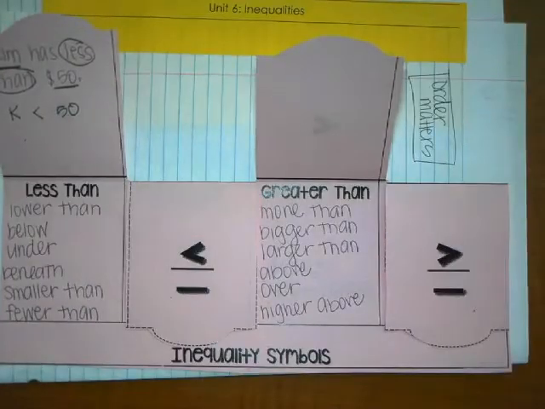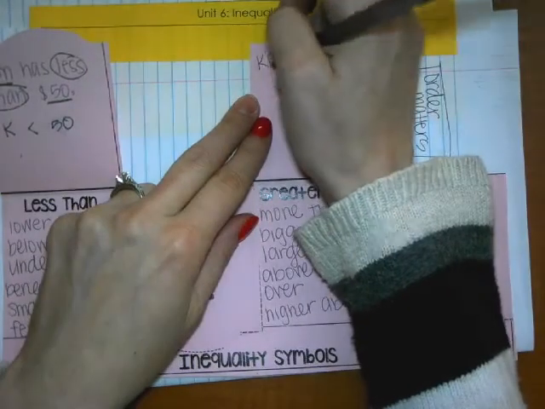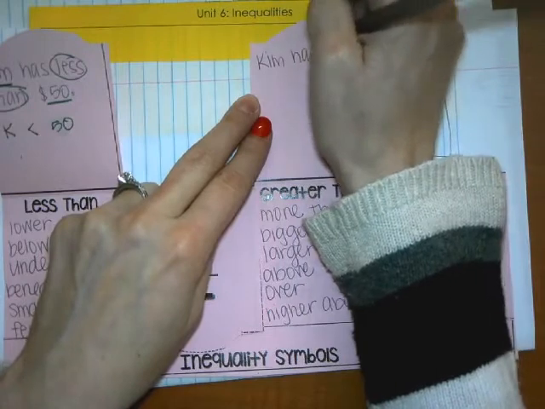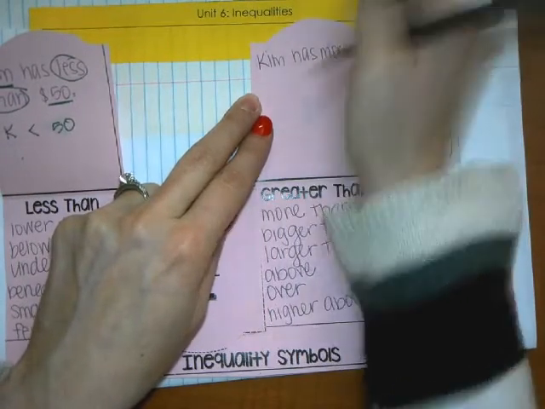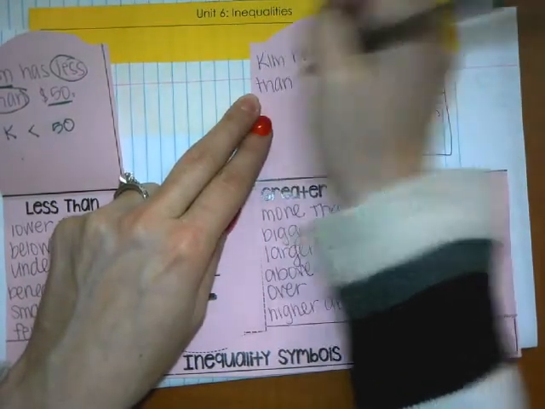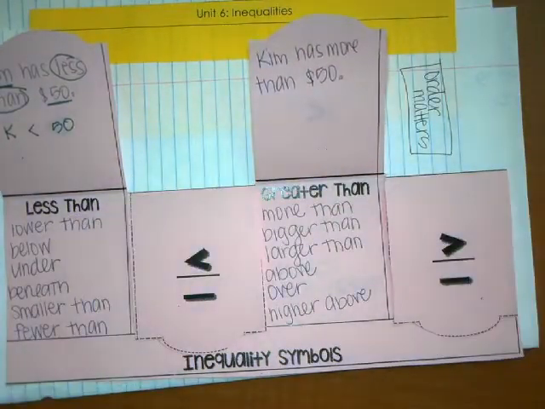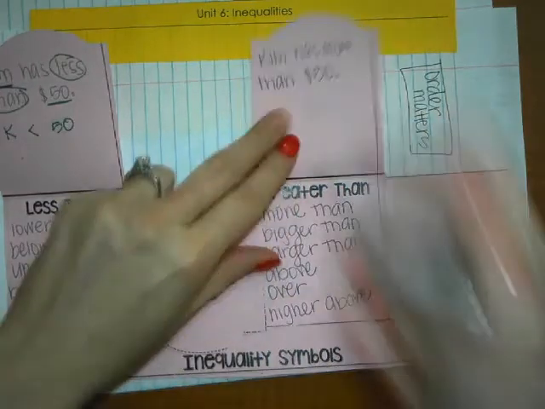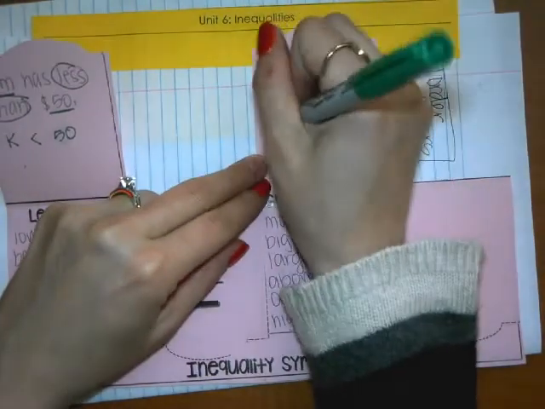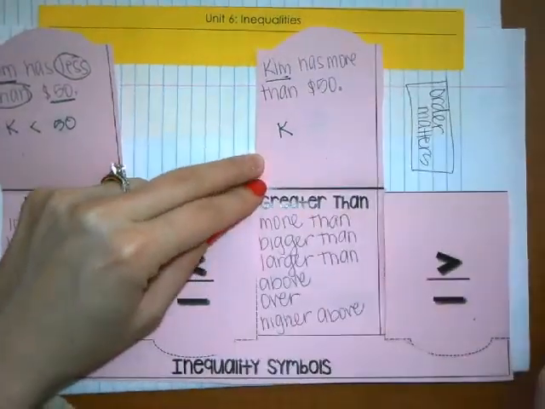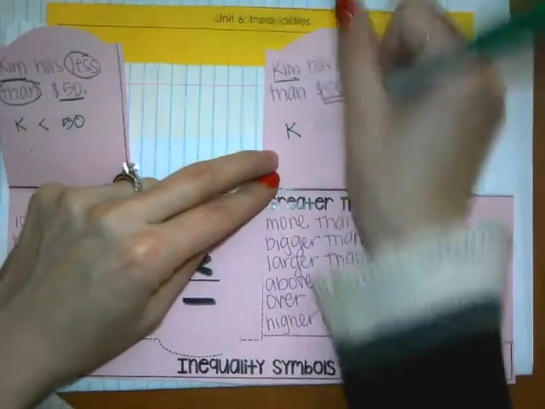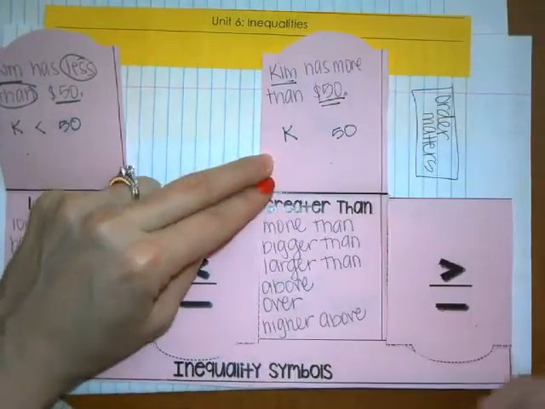So if you see any of those words in a sentence, they mean a greater than symbol. Meaning, here's my example. Kim has more than $50. So my variable is still a K because we're talking about Kim. My number is still 50 because that's the only number that I see.